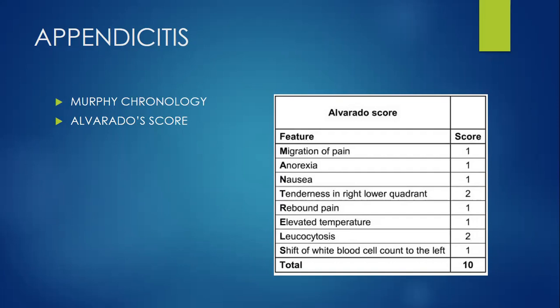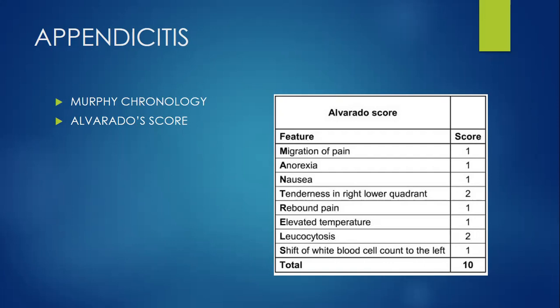However, this score helps us to determine if there is a possibility of appendicitis. And the higher it gets, the more possibilities there are of the correct diagnosis being appendicitis.